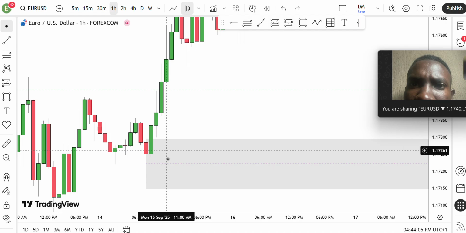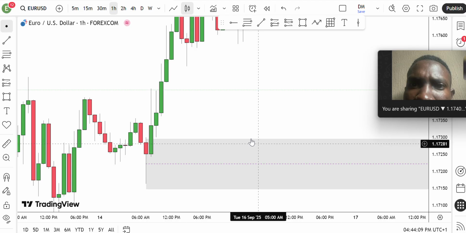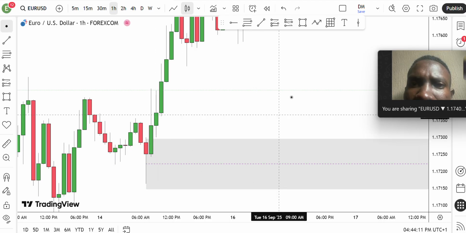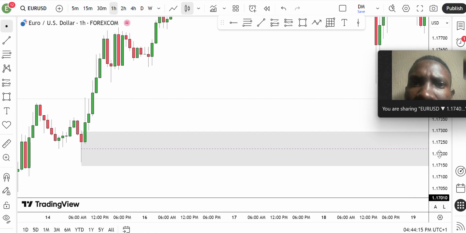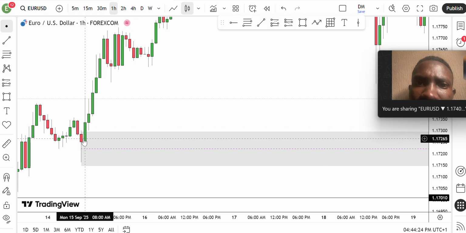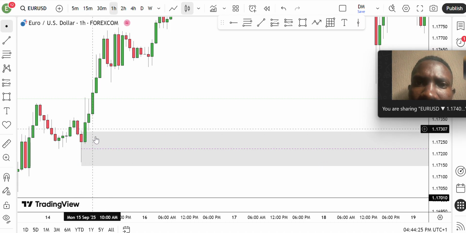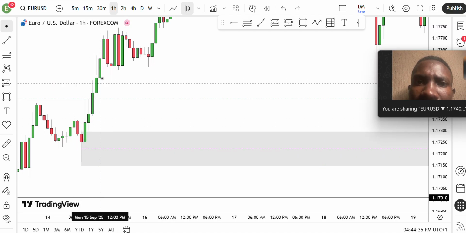So we still expect that there will be some volume, some amount of money still there, that when price goes back there, it can still pick it. The reason why they call it an order block is because it is carrying an order or a lot of orders. If it is this kind of situation, we call it a bullish order block, because this is where the momentum changed from bearish to bullish, or from sells to buys.